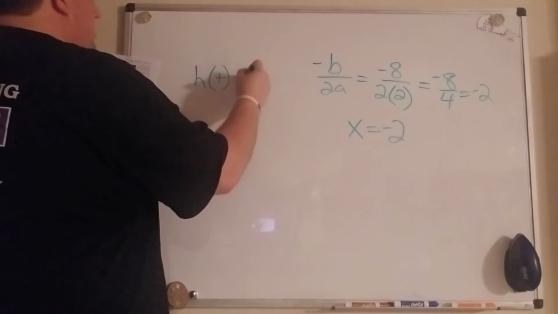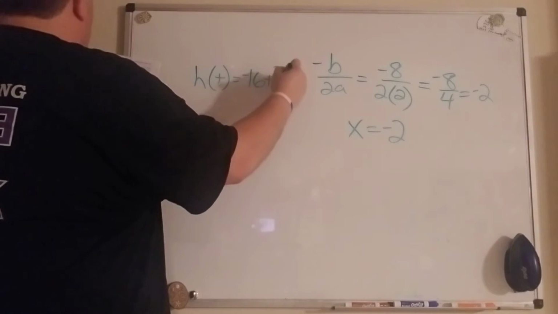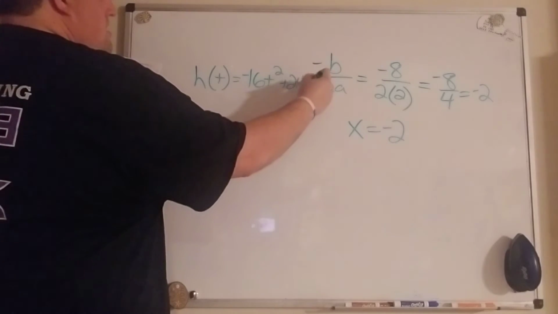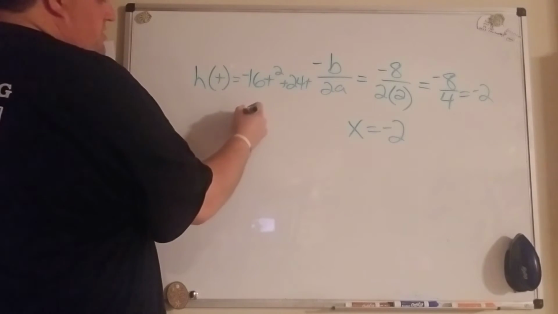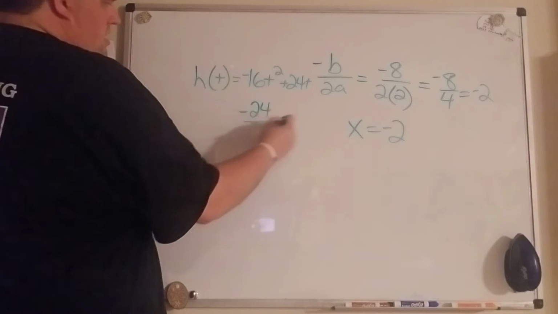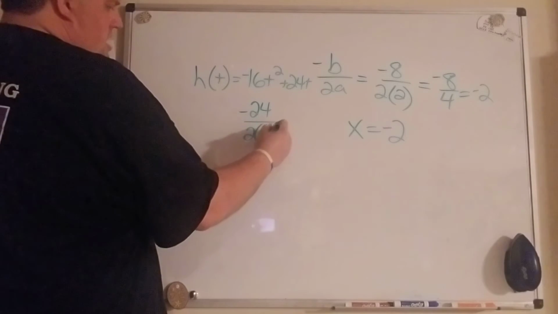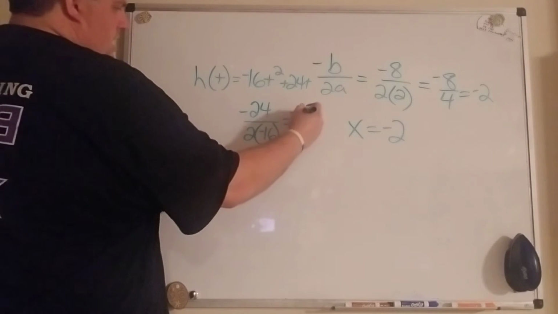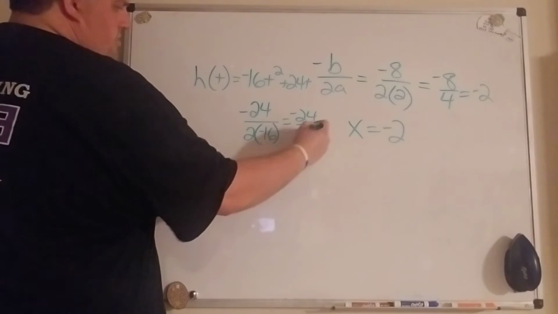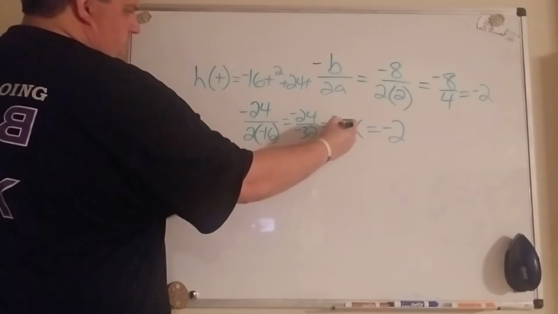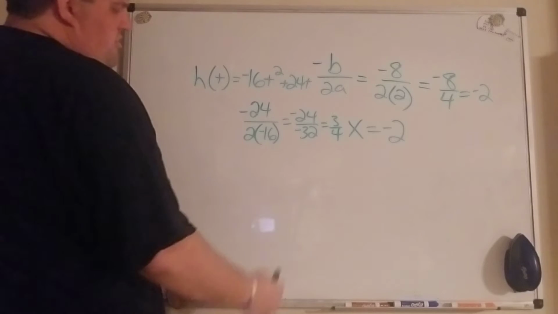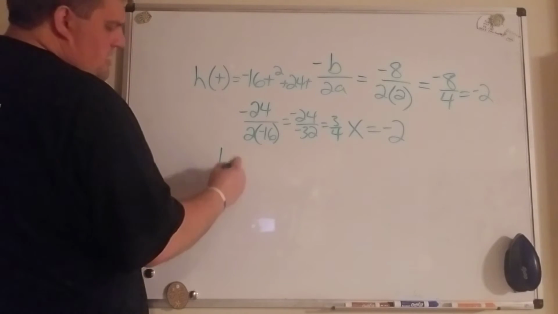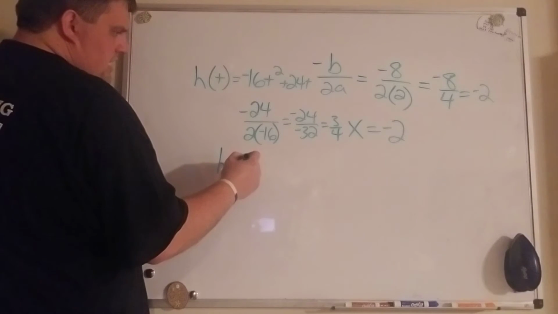H of t. My b term is 24, so -b over 2a is going to give me -24 over -32, which is just 3/4. So then you just plug 3/4 in for t.